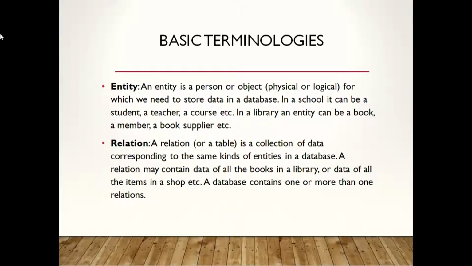A relation is something which combines more than one table. It can be 2 tables or 3 tables based on some relationship. These relationships can be of many forms: one to one, one to many, many to many, which we are going to understand later.